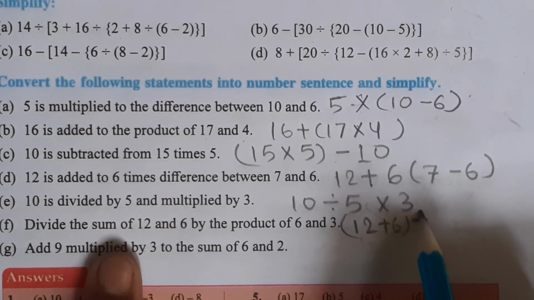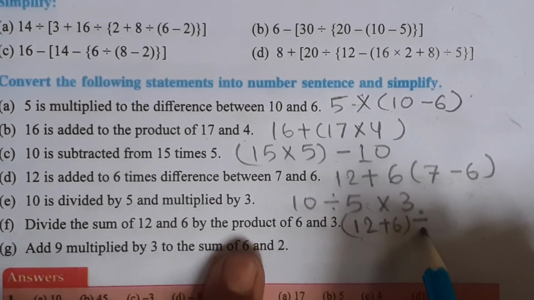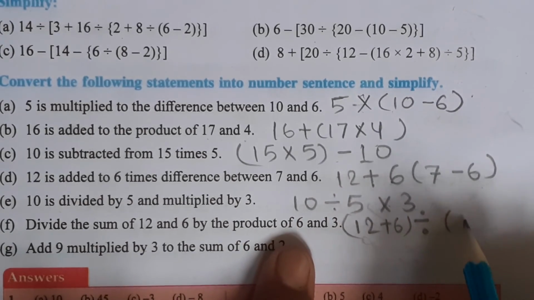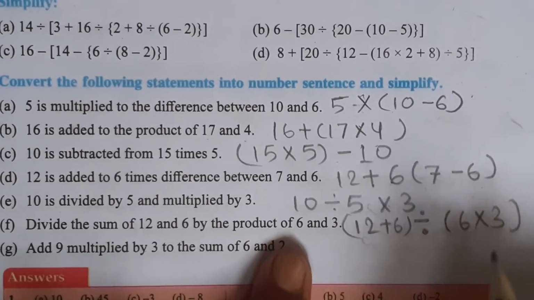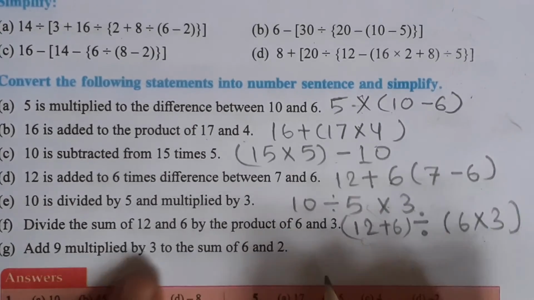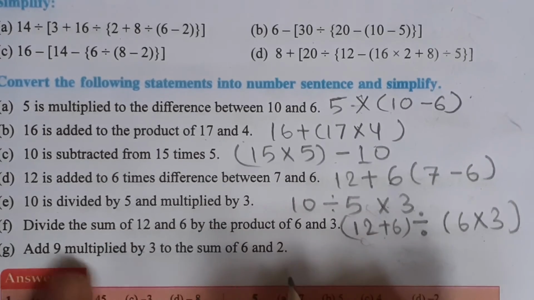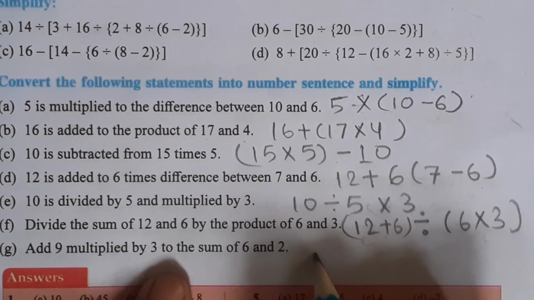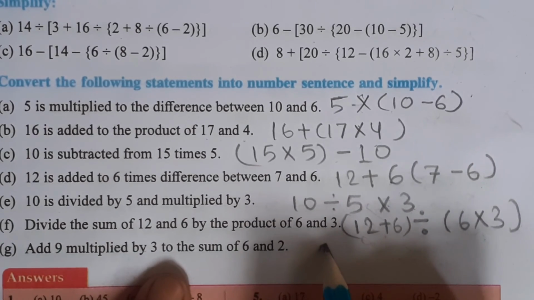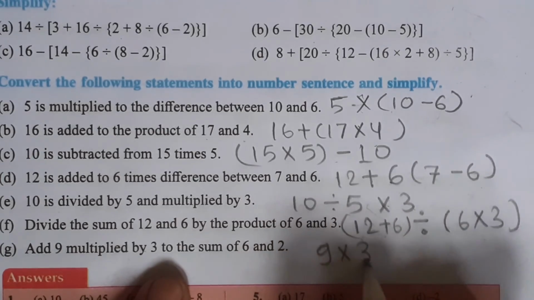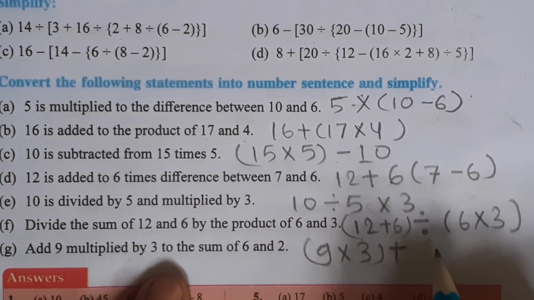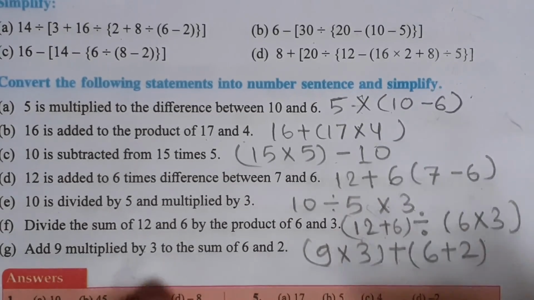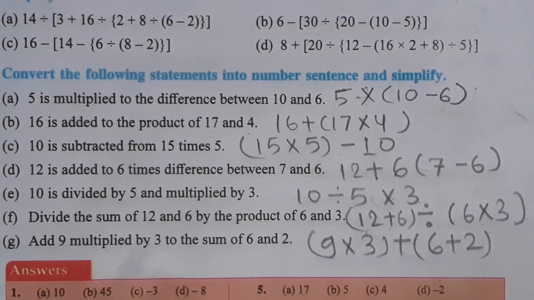Divide the sum of 12 and 6 by the product of 6 and 3. Product means multiplication and sum means addition. Next: 9 multiplied by 3 to the sum of 6 and 2. Okay, now you can solve it yourself.